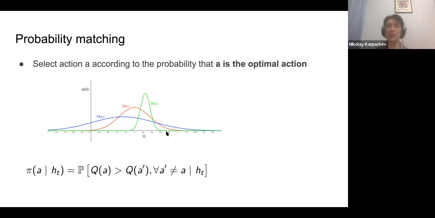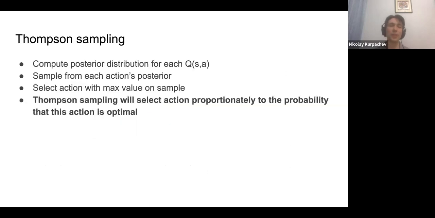So the idea is quite simple. The trick is, how do we implement this? And the implementation is called Thompson sampling. Basically, let's see how it's done.